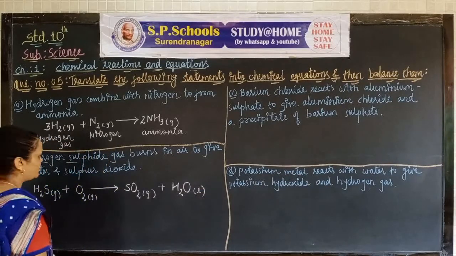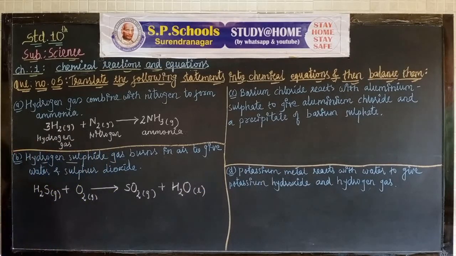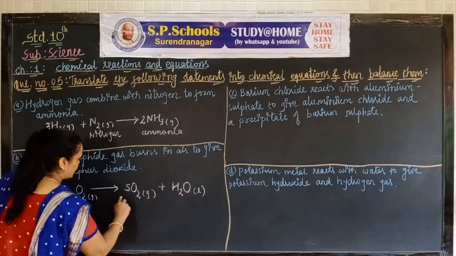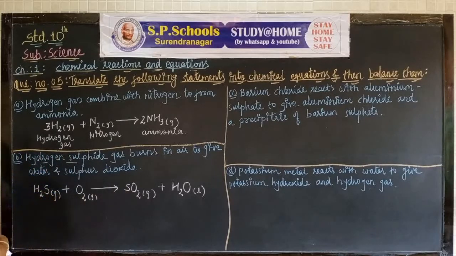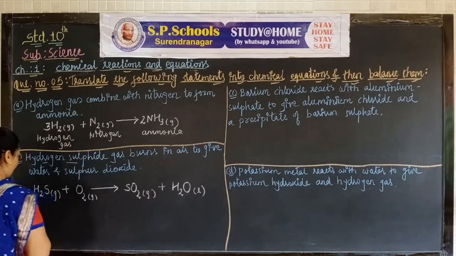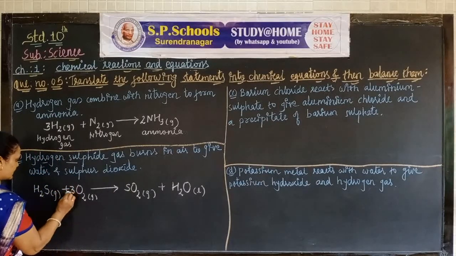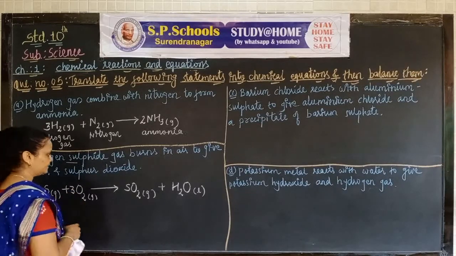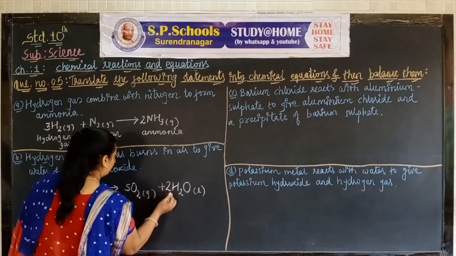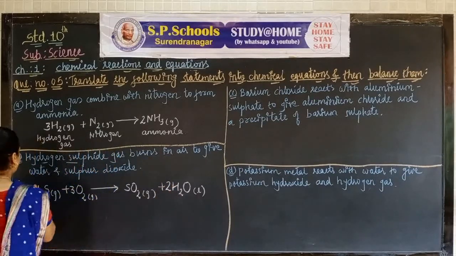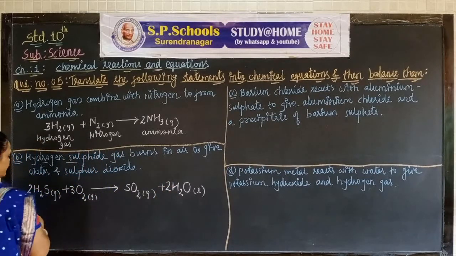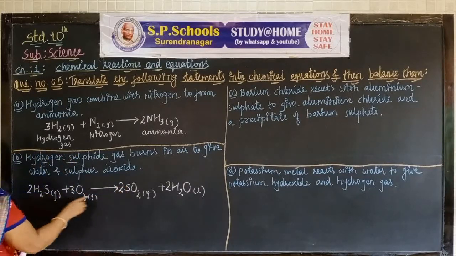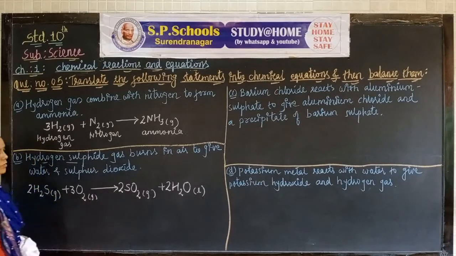First, try to balance the equation. Balance oxygen, here 3 atoms, sulfur 1. To balance the oxygen, we put 3 here. 3 2s are 6, so we put 2 here. To balance the hydrogen, put 2 before H2S, and to balance the S put 2 before SO2.